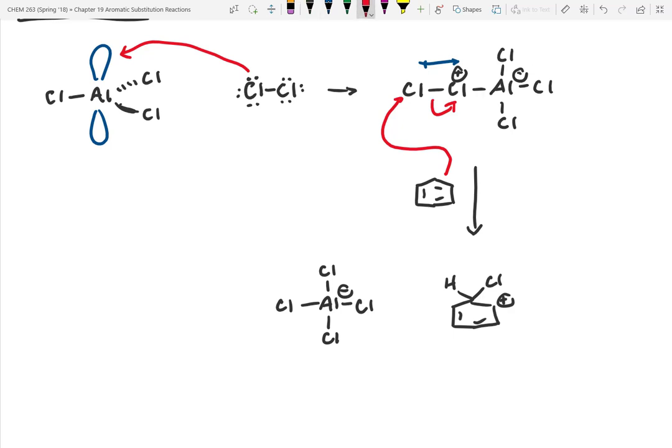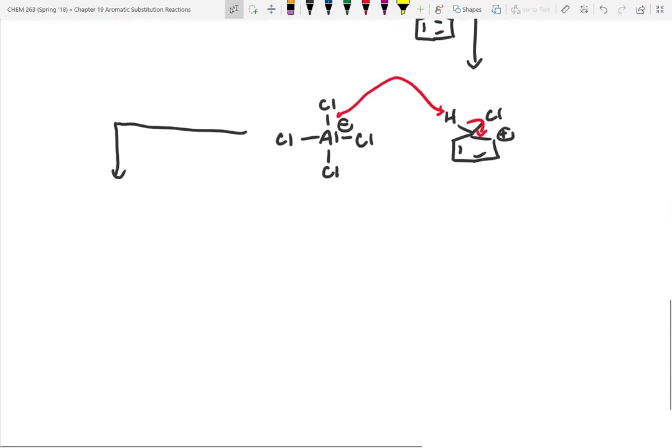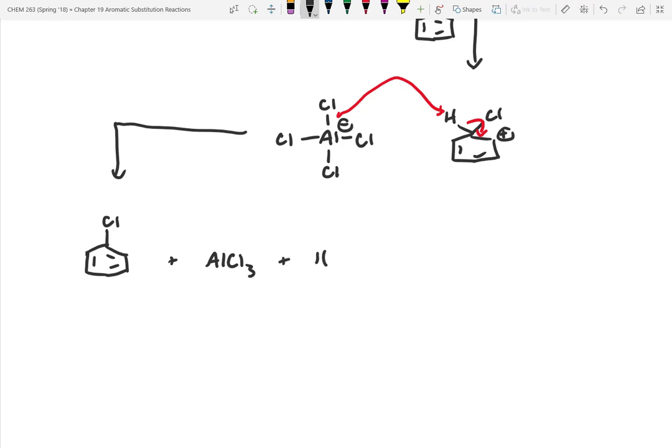So just like before, we're going to take one of these chlorines and its electrons, grab a proton on the sigma complex, clamp down, and try to restore aromaticity. So now we regenerate our aluminum trichloride, and our conjugate acid in this case is going to be HCl.